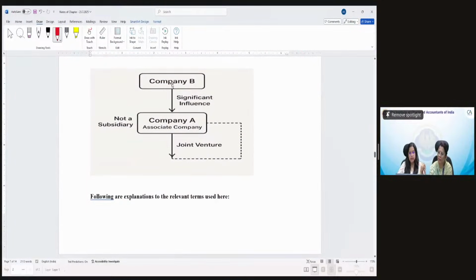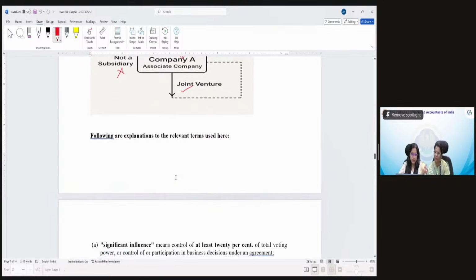You can understand this by way of this diagram also. This is company A, which is an associate company, like the student was saying, please explain it again. And there is company B. If company B has significant influence in company A and it is not a subsidiary, and then we have given another limit to it, which says that it includes a joint venture. So understand a few things here.